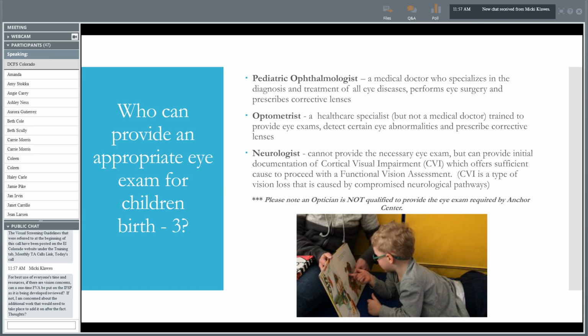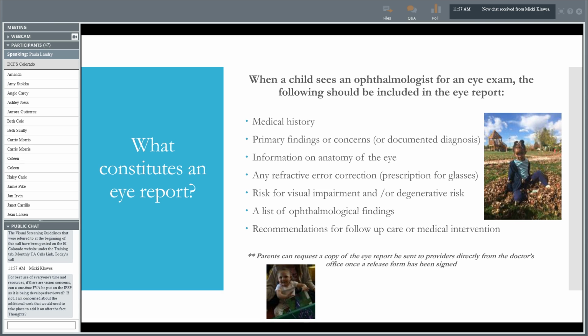So let's see, we can move on to the next, what constitutes an eye report. Basically it's obviously the medical history, some of the biggest findings and concerns. If there is a documented diagnosis, obviously we will want to know about that. The eye doctors give us information on the anatomy of the eye and the retina or the optic nerves or any of those types of things if they're affected by any type of disease.